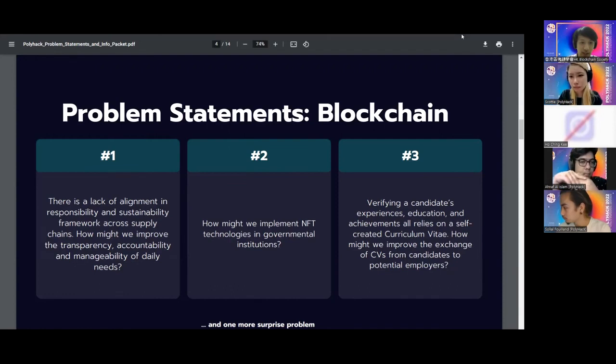Okay, so number one is very similar to the MTR scenario. Number two, how do we implement NFT technology in governmental institutions? That could also be used in basically all three of those scenarios, right?